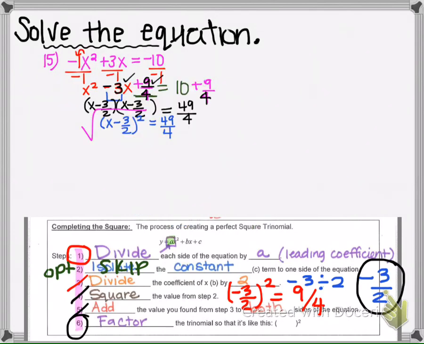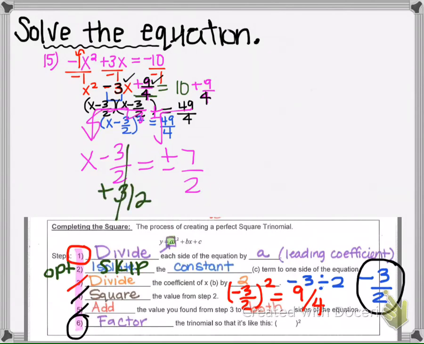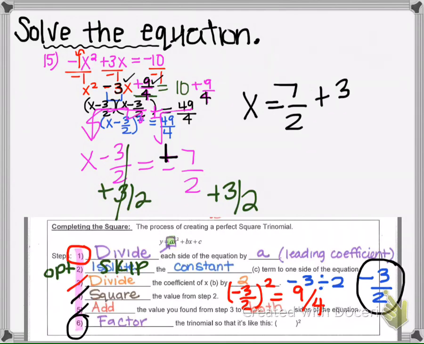Now we can square root both sides. Don't forget we need a plus or minus. And then we're going to add 3/2 to both sides. And we have x equals a positive 7/2 plus 3/2, and x is equal to a negative 7/2 plus 3/2.